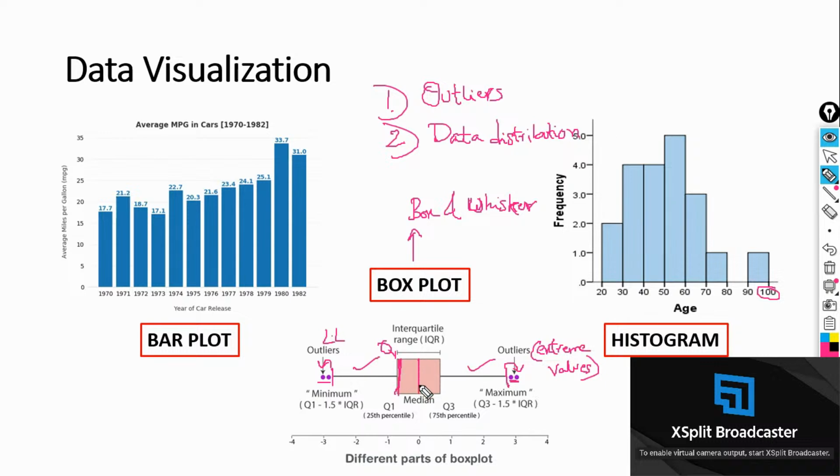Then the middle portion of the box is named Q2, also called the median, which is the 50th percentile. Then the last position of the box is termed Q3, also called the 75th percentile. Then the final whisker is the upper limit.